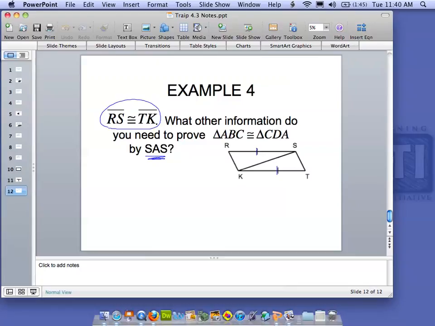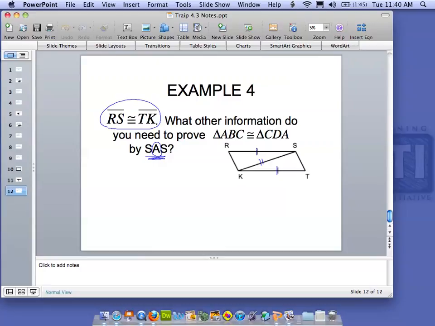Well, by just observing the diagram, I know that the two triangles share a side. So side SK is congruent to itself. I know that by looking at it. So what's the missing information? The missing information is the angle that's in between, the included angle.